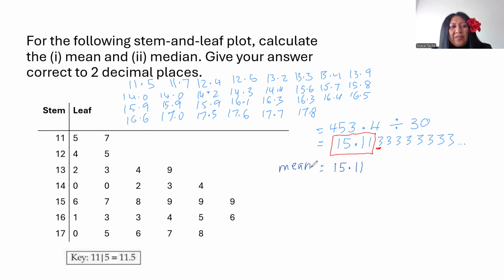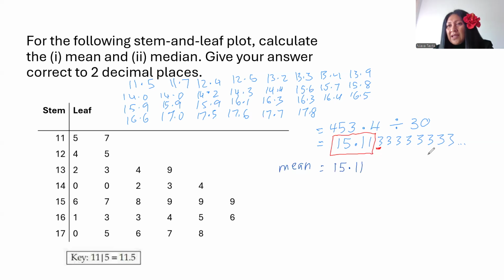Now, just before I move on, I just want to show you something. So notice that this answer here is 15.1133333333, and it seems like the number 3 gets repeated.